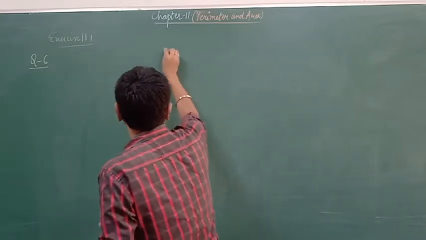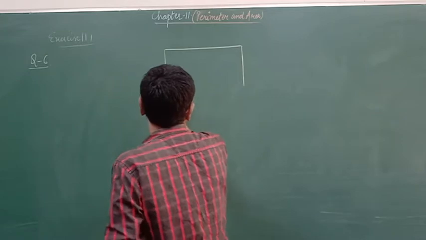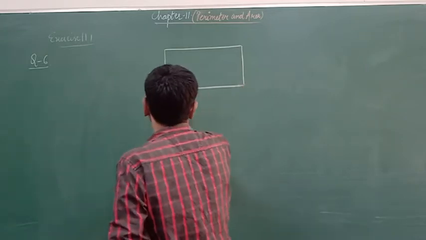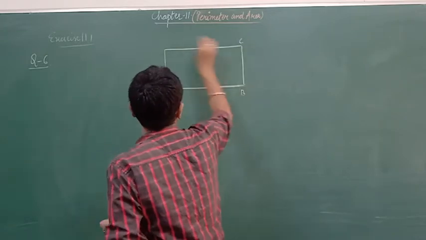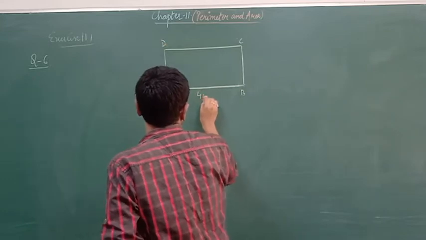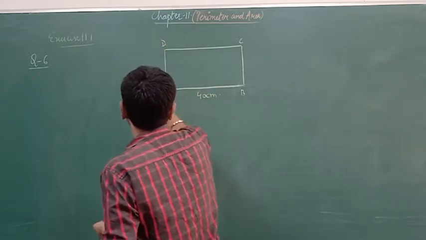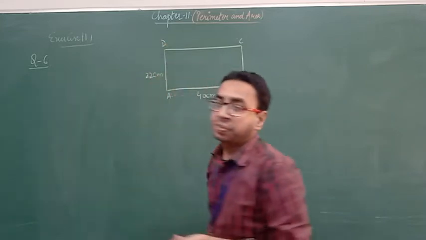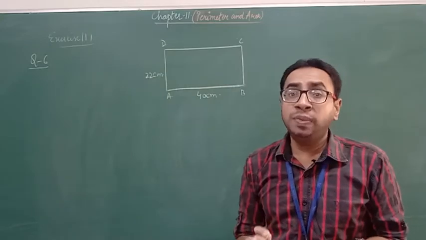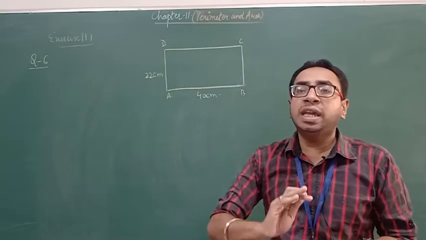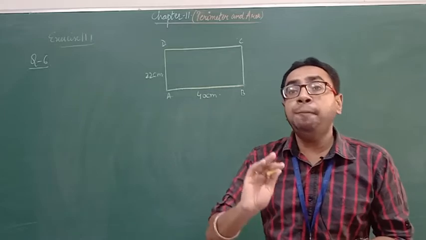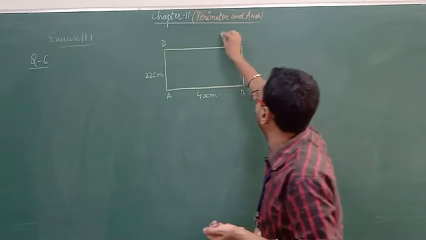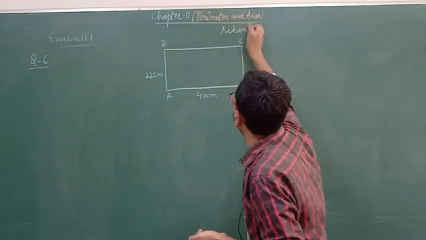We have a rectangular wire whose length and breadth are given to us, like 40 centimeter is the length and 22 centimeter is the breadth. This wire in the form of a rectangle is rebent, R-E-B-E-N-T, rebent.